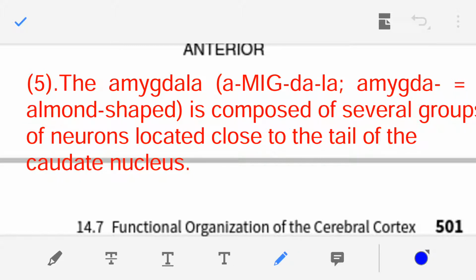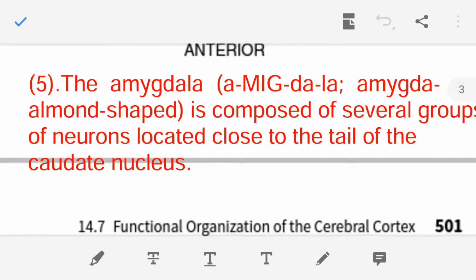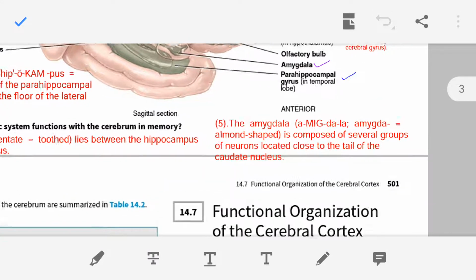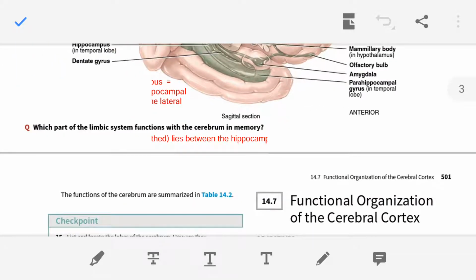Amygdala is made up of several groups of neurons, and these groups of neurons are present close to the tail of the caudate nucleus. So here we are remembering amygdala is a group of neurons close to the tail of the caudate nucleus.